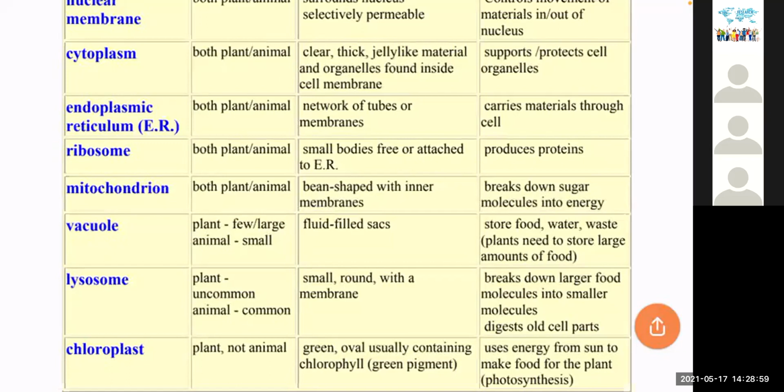Plants need to store large amounts of food. So can someone tell me how wastes are stored in vacuoles in plant cells? In which state are these wastes stored in vacuoles in plant cells? Anyone?